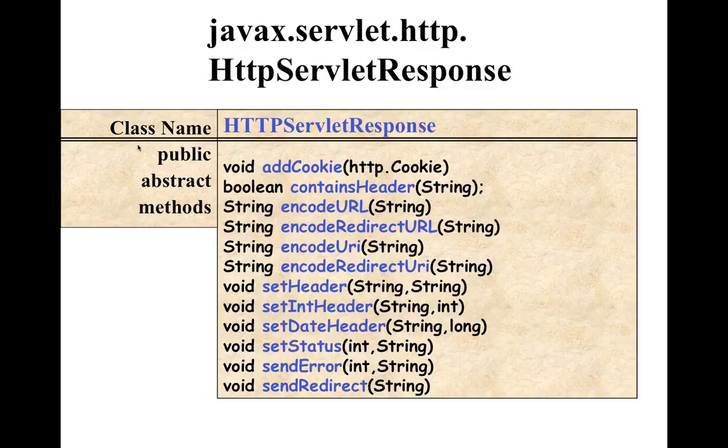Okay. Then HTTP servlet response, if it is HTTP specific, we have a bunch of stuff like cookie, we add the cookie, and encode the URL if nobody wants to see it. If you don't want anybody else to see the URL, you will encode it with special characters. If there is any problem with the codes or anything, you put encoding.